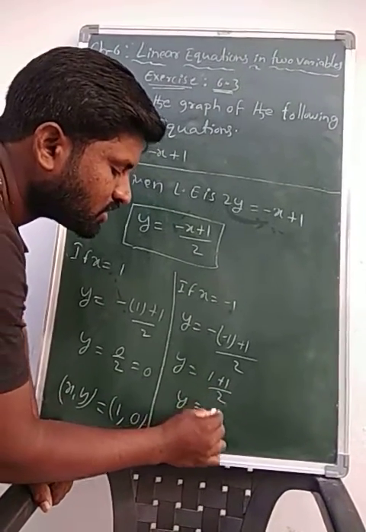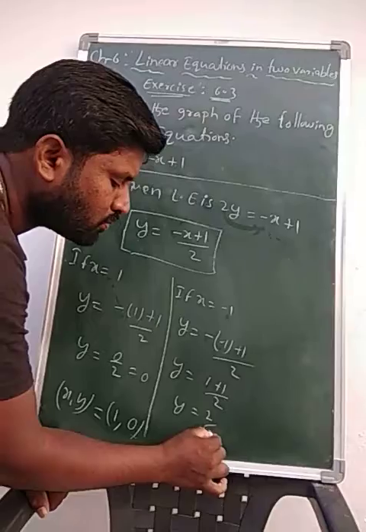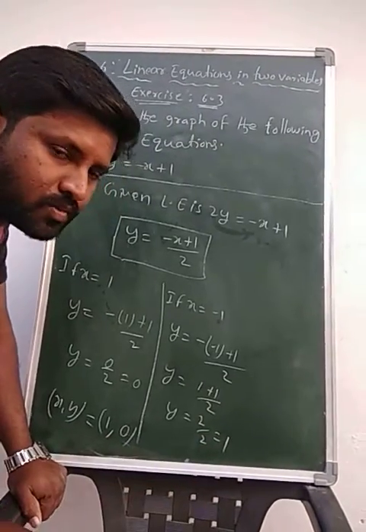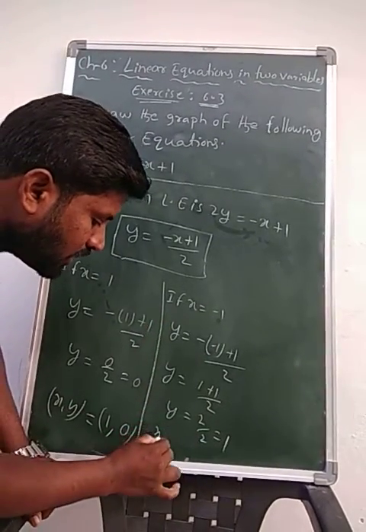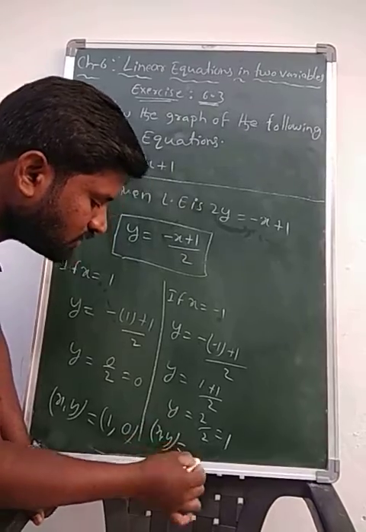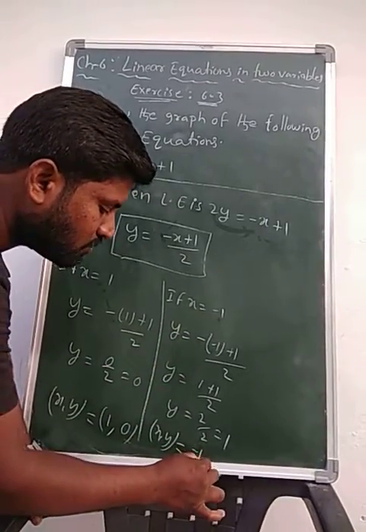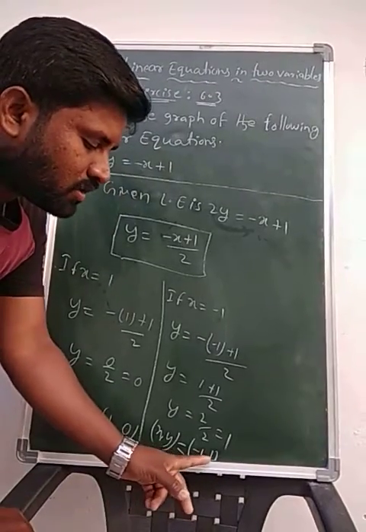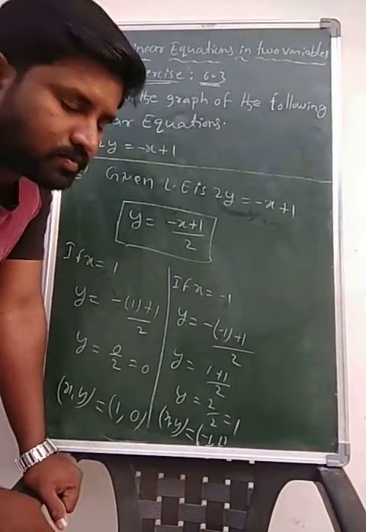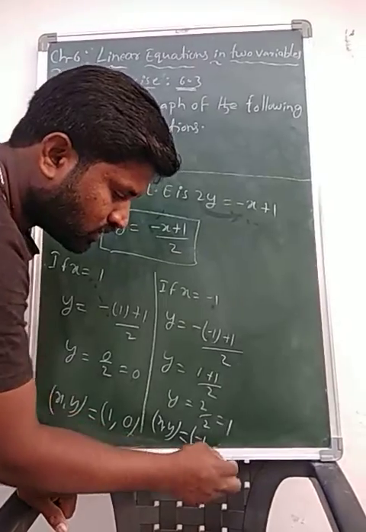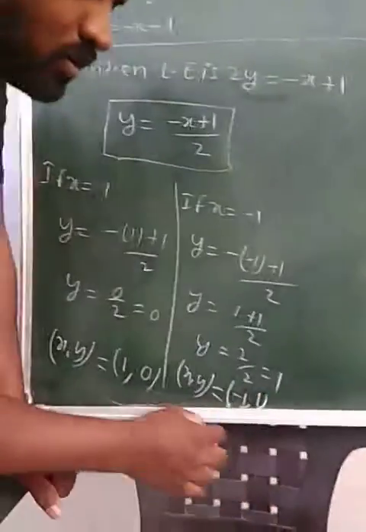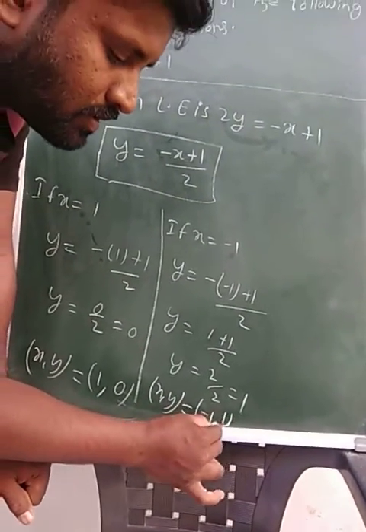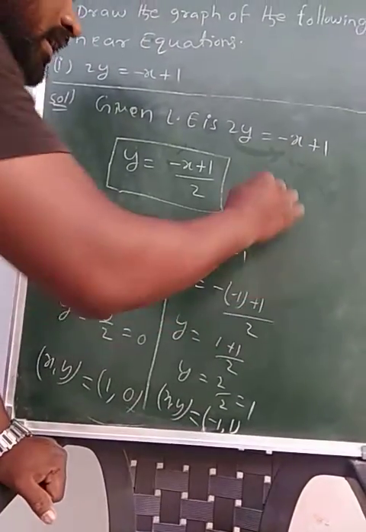So y = 2/2 = 1. So we get another solution: x = -1 means y = 1. So we get (-1, 1). Okay, see the point clearly here: (-1, 1).